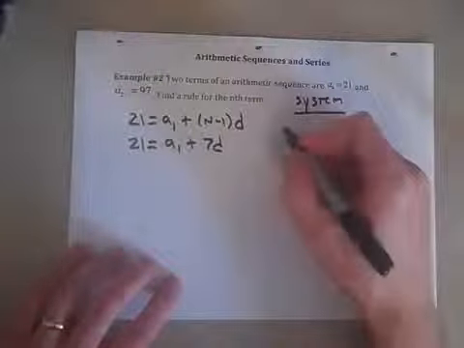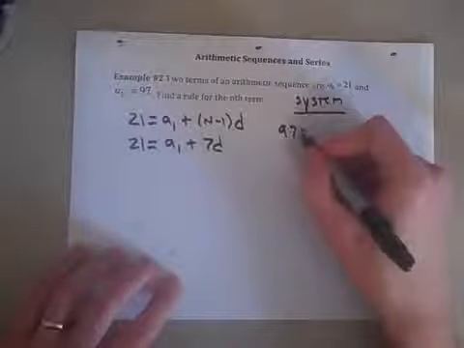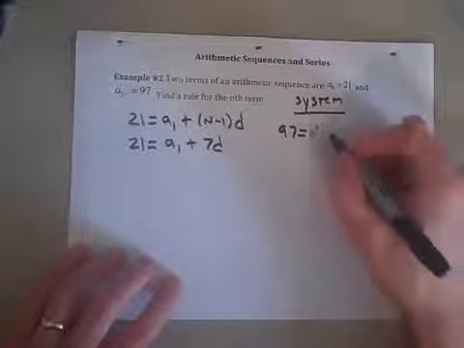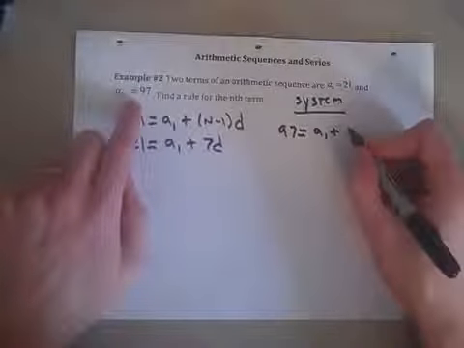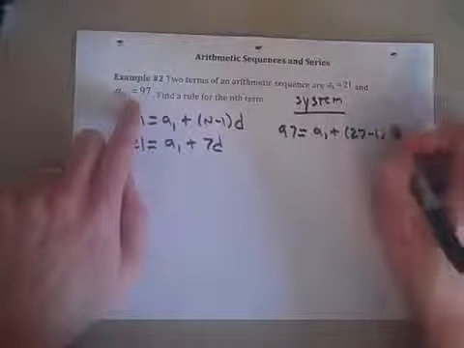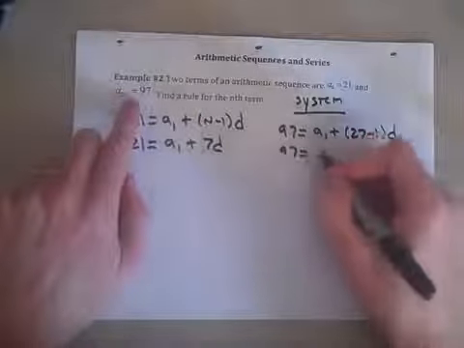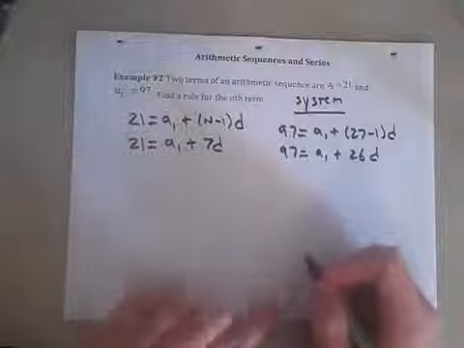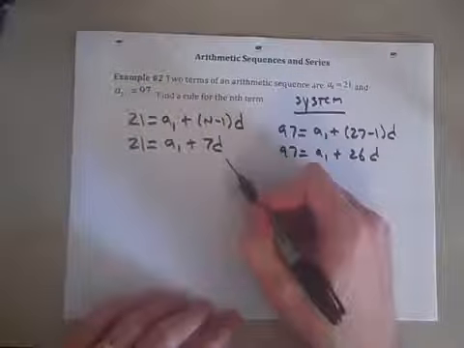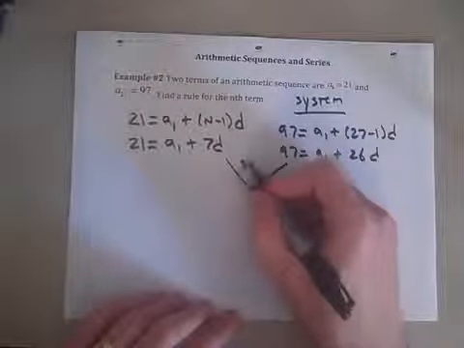Second equation, 97, that's sort of a big number. Do not like that, I'll tell you. So 27 minus 1. All right, there are my two equations. So let's use the system.